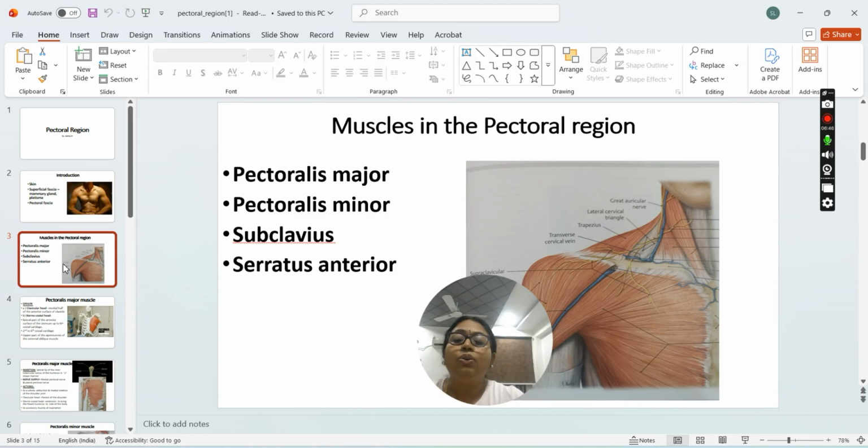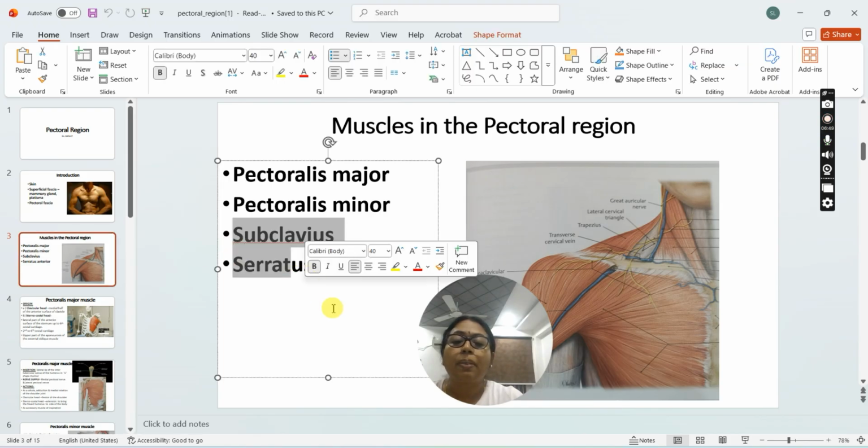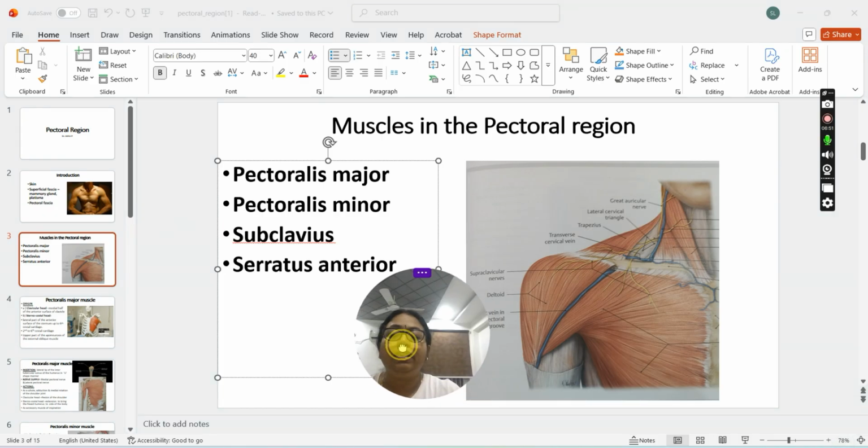So let's go to the deeper aspect here. You are seeing a few muscles, one by one. After chipping out the deep fascia, you are seeing this beautiful muscle called pectoralis major. And another very shapely muscle, this is the deltoid muscle. In between the deltoid and the pectoralis major, there is a groove-like depression called the deltopectoral groove.